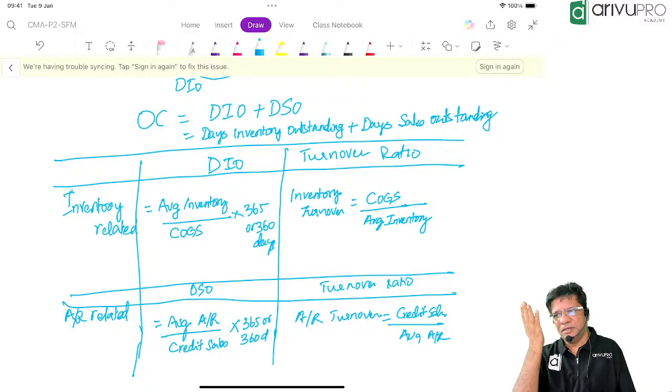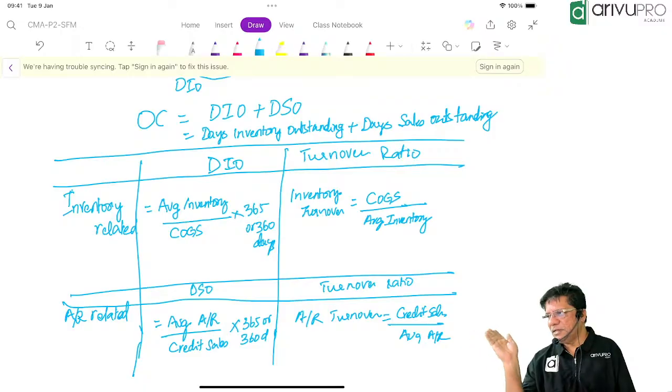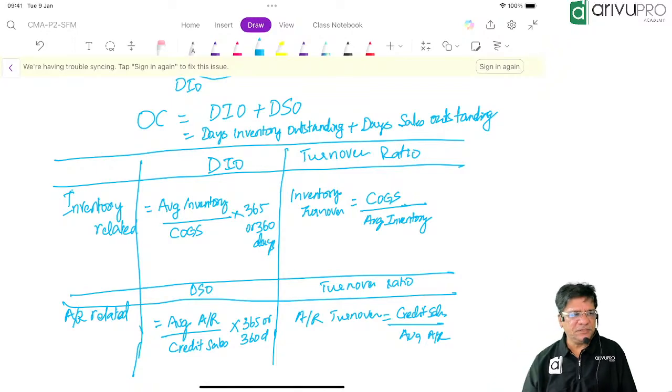January 1 beginning inventory, December 31 ending inventory. Write down: average means beginning balance plus ending balance divided by 2.